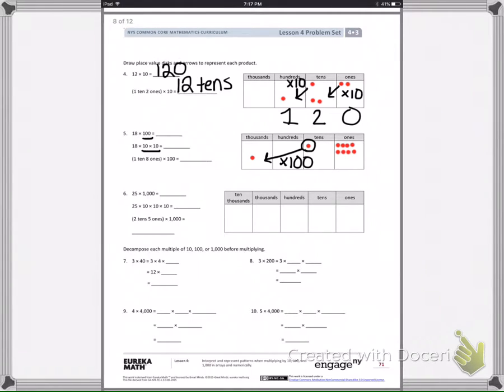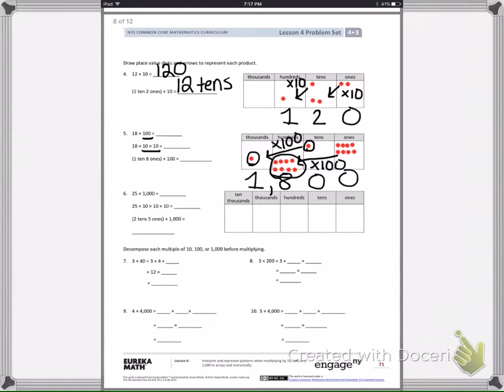That equals 1,000. Take your ones. You know to move 2 place value spots to multiply by 100. 8 ones times 100 equals 8 hundreds. So we have 1,000, 8 hundreds, 0 tens, 0 ones.